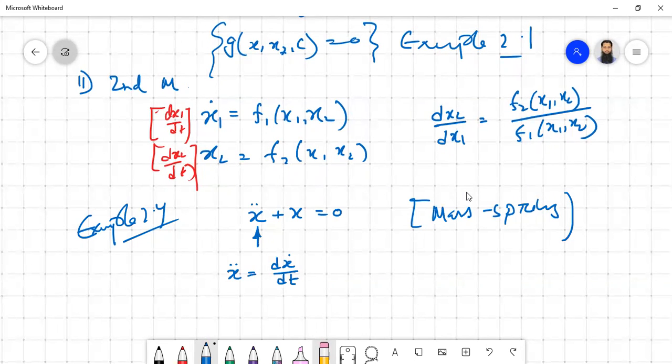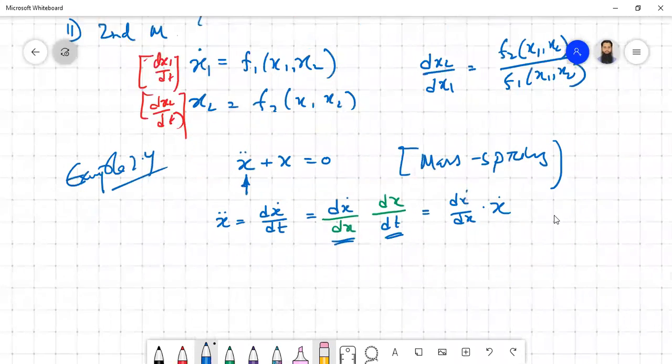We can further write it this way, introducing dx here as well as dx there. Then we can write this as dx dot by dx times dx by dt, and dx by dt is nothing but x dot as well.